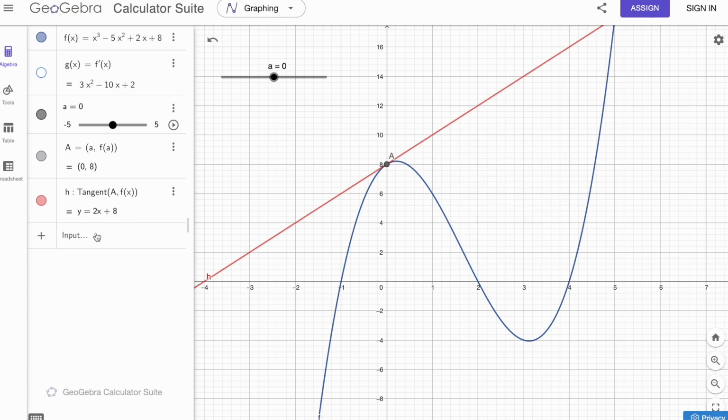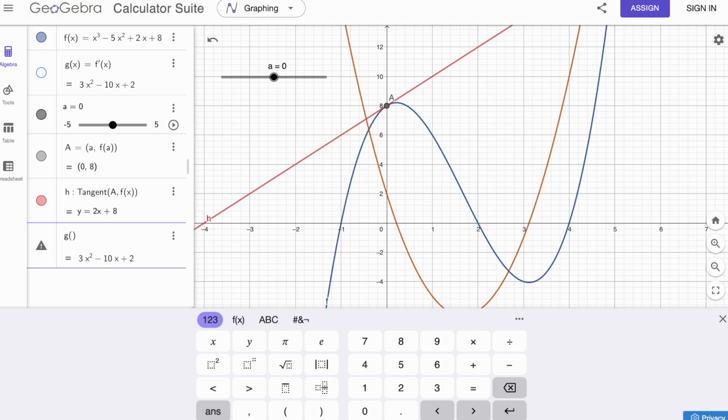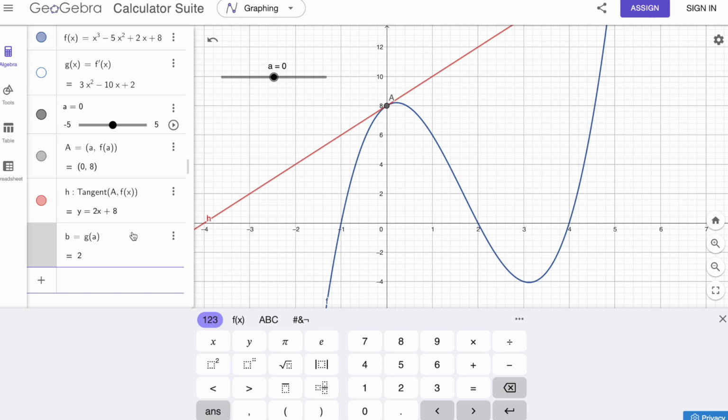There we go. And one more thing, just by looking at this equation, you can see that the gradient is 2, but maybe you would like to see it separately. So I will have my function g of a, okay, and these numbers match.